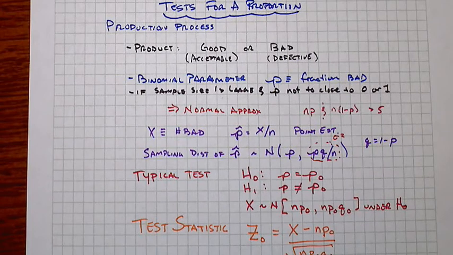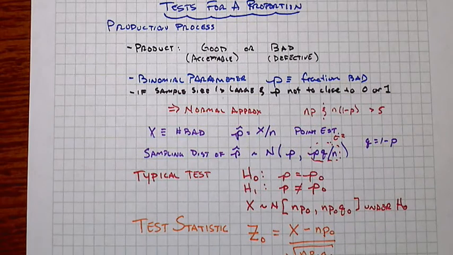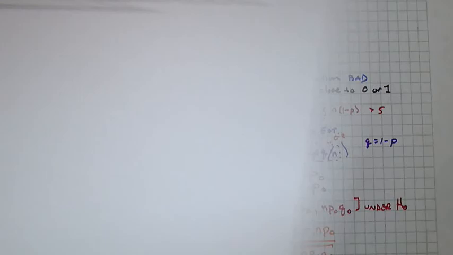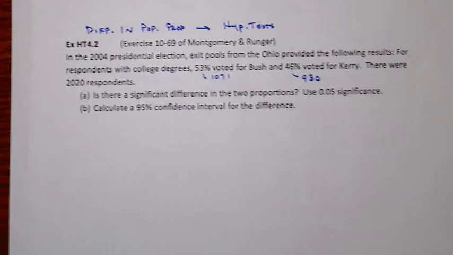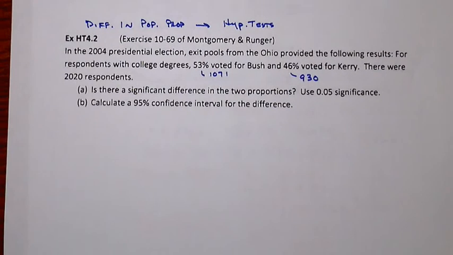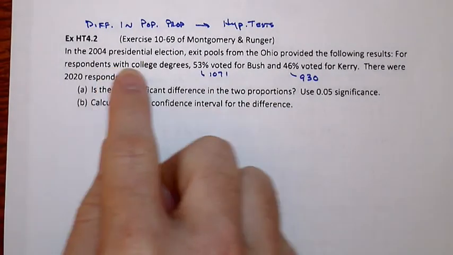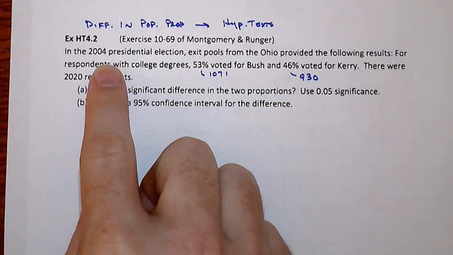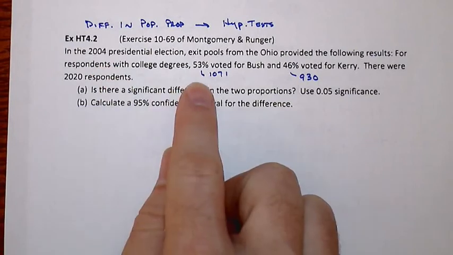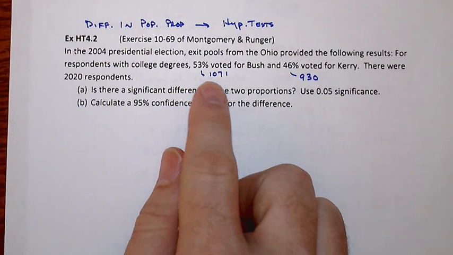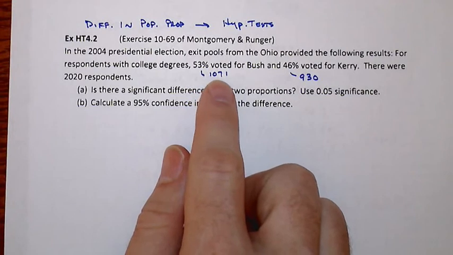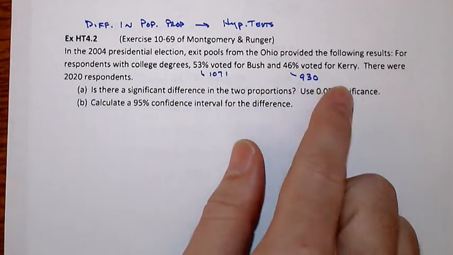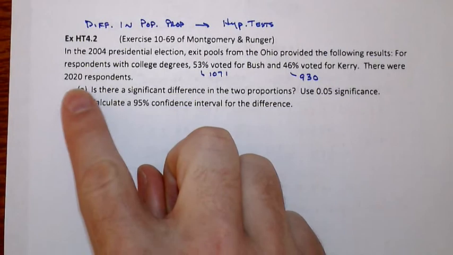Okay, that was for a single sample, and we're going to bring that forward now to talk about this for two samples. So here, this is election results back from 2004 from Ohio, where among respondents with college degrees, 53% voted for Bush, 1071, and 930 voted for Kerry, out of 2020 respondents.